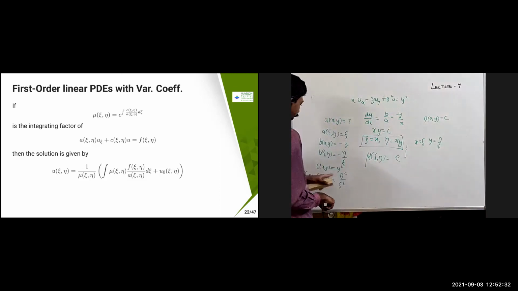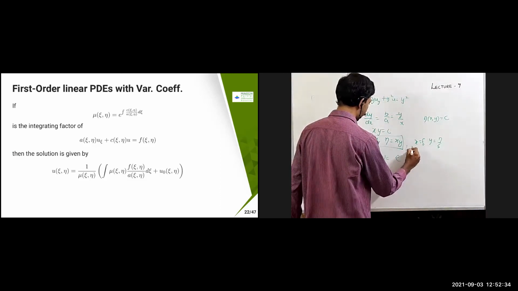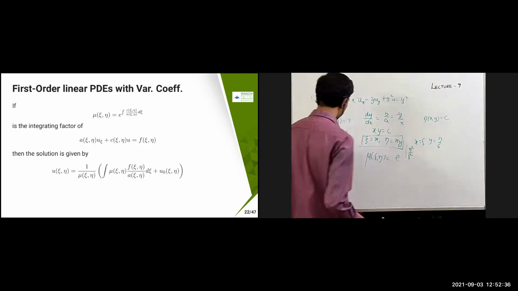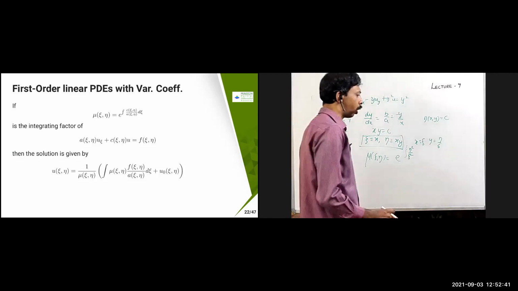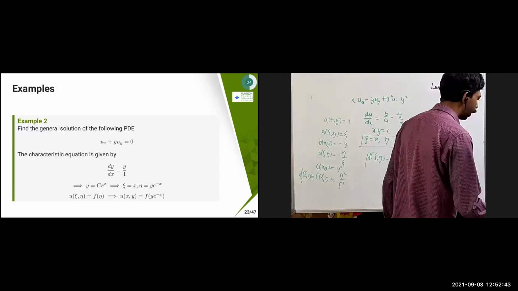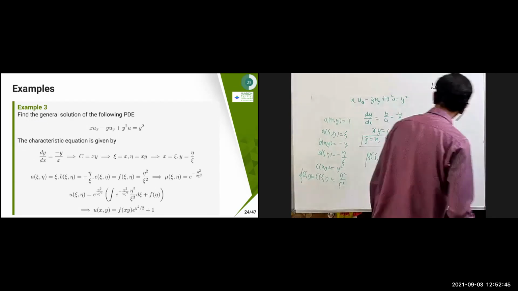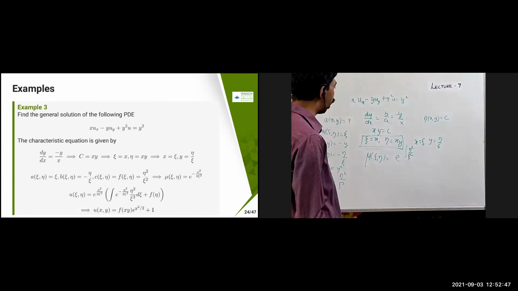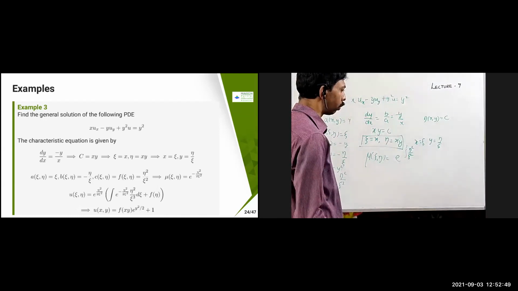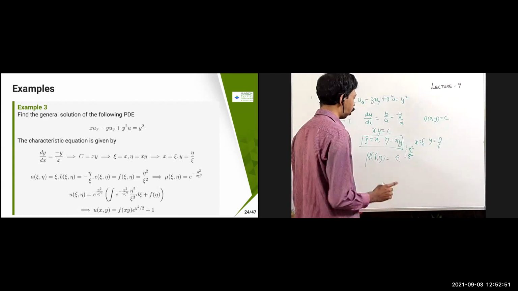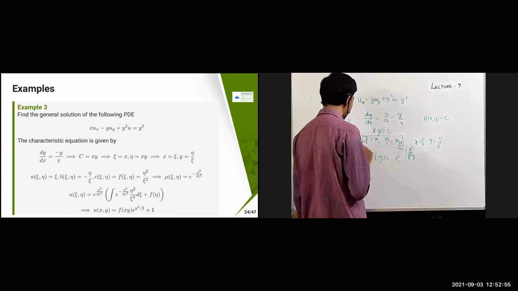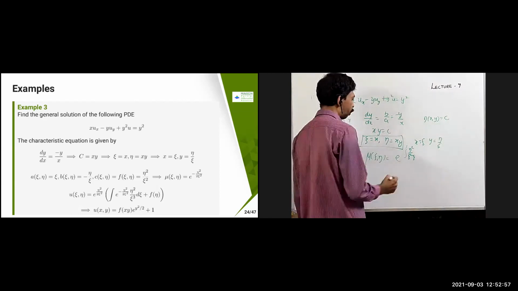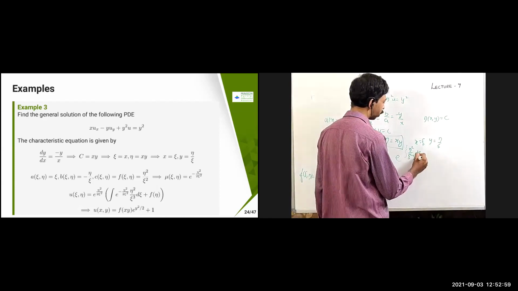So c of chi comma eta is eta square by chi square, divided by a of chi comma eta, so that is going to become chi again. So you are going to get eta square over chi, another chi, and then d chi. You have to do d chi.